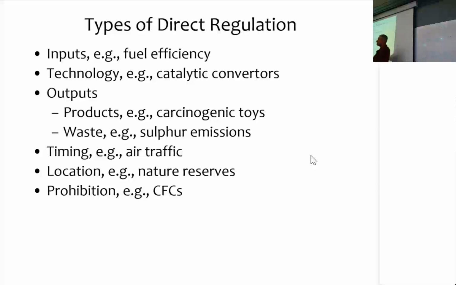You can regulate the timing of activities. If you want to fly to Amsterdam, and your plane is very much delayed, and it looks like you will land after 11 o'clock at night, then forget it.